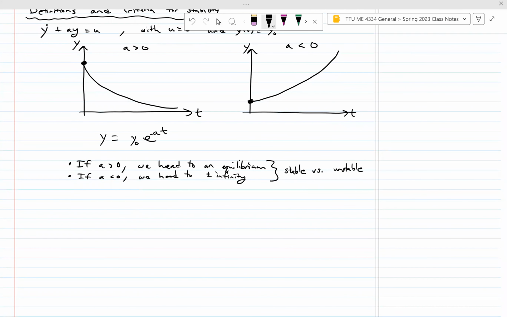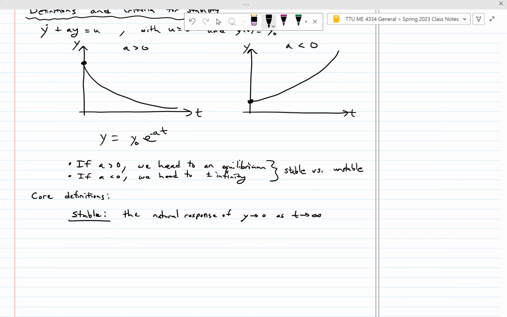So let's go through a few core definitions. Let's talk about stable. Stable means the natural response of y approaches 0 as t approaches infinity.